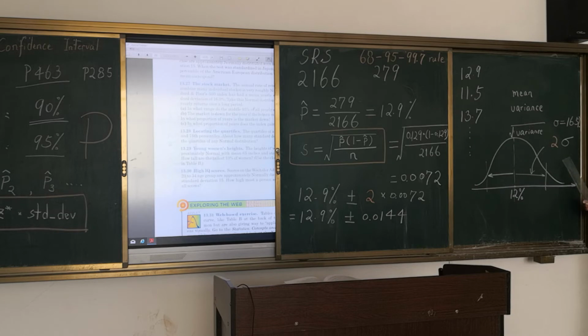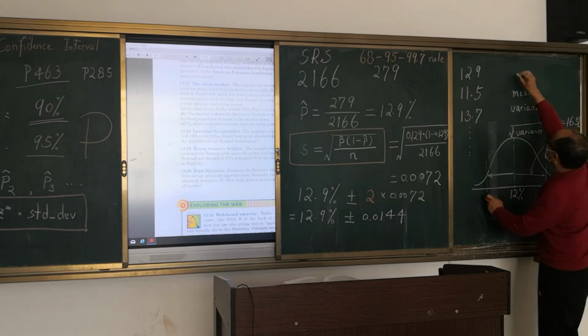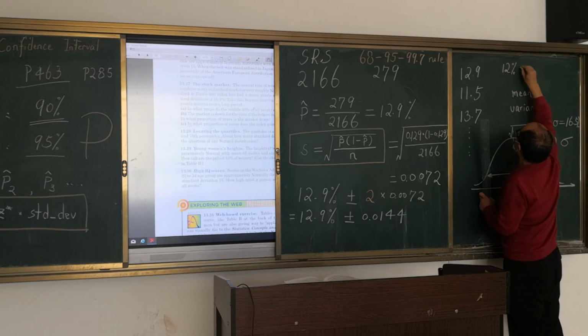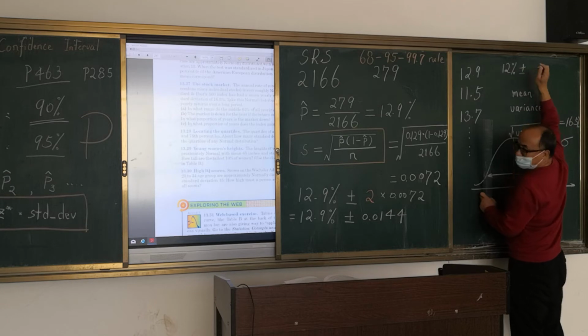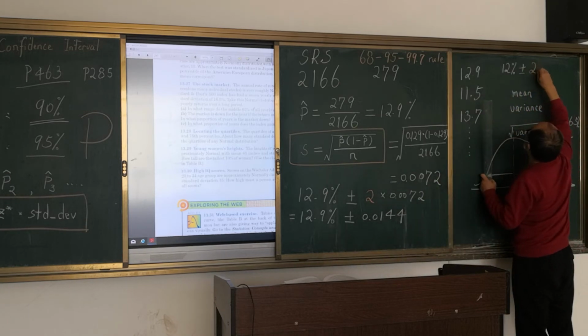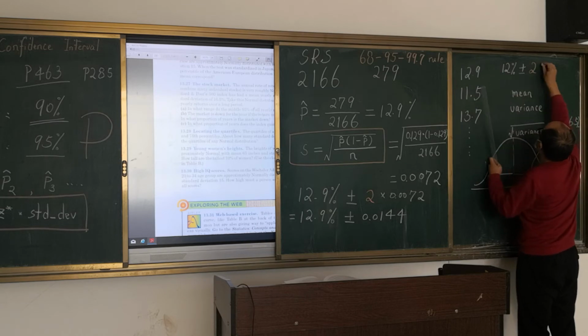So, what is it? It is 12% plus minus 2 times 16.5%.